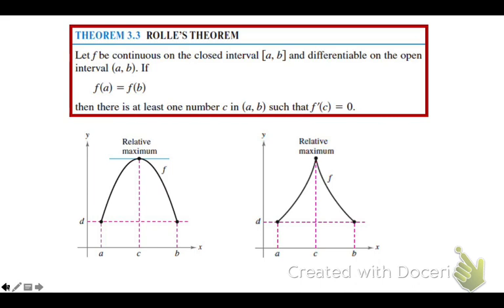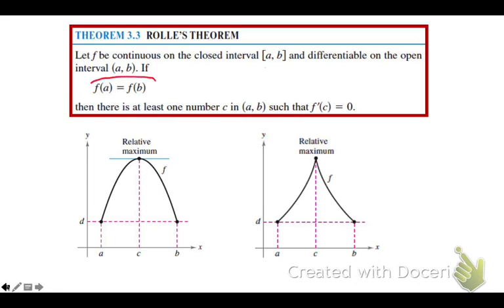If f of a equals f of b, what's f of a mean I'm doing? Plugging in the a to the function, so f of a equals f of b.